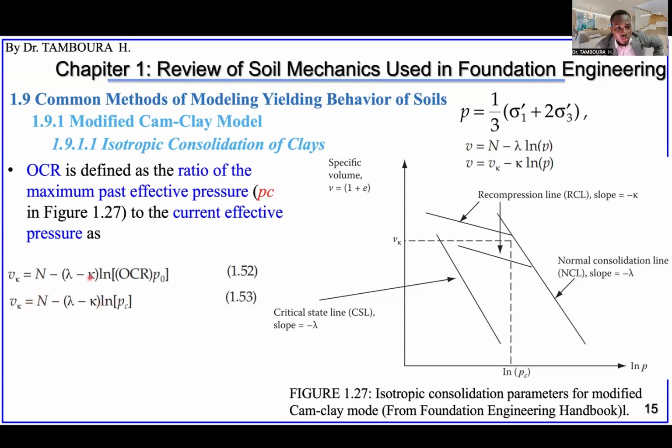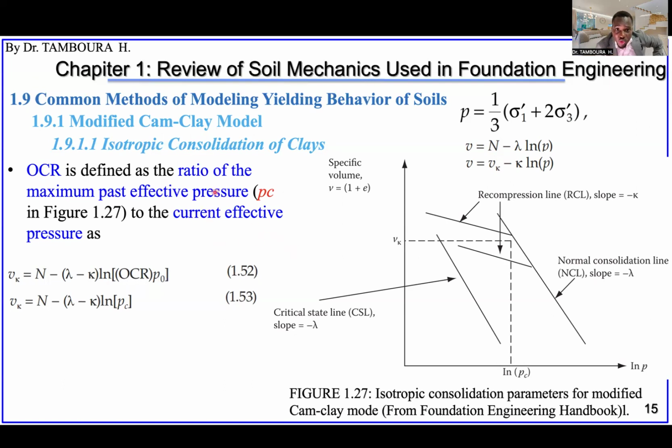This one or this one, it's the same, because the over consolidation ratio multiplied by P0, where P0 is the current load, gives PC.